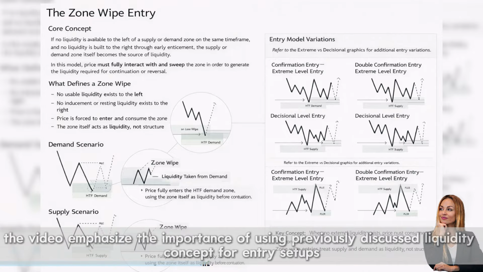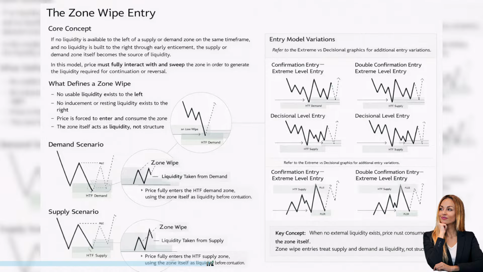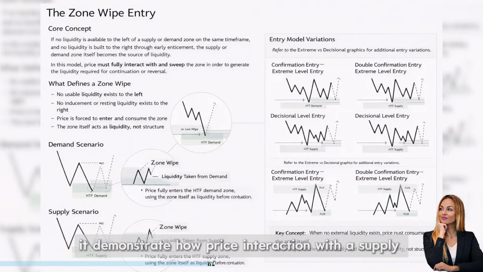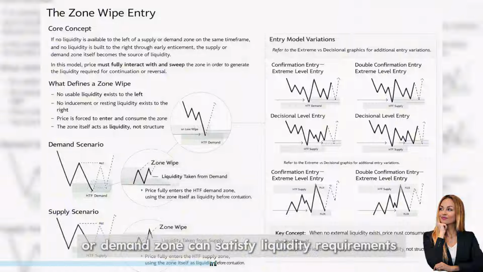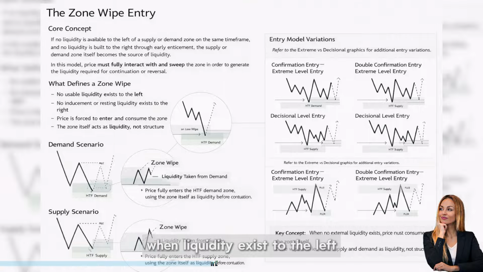The video emphasizes the importance of using the previously discussed liquidity concept for entry setups. It demonstrates how price interaction with the supply or demand zone can satisfy liquidity requirements when liquidity exists to the left, allowing for direct entry without additional liquidity creation or swaps.